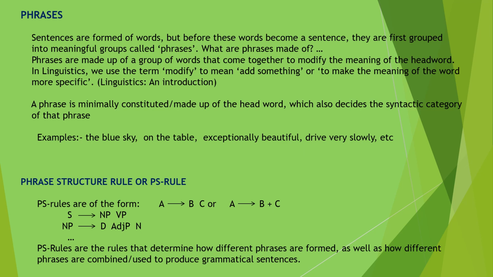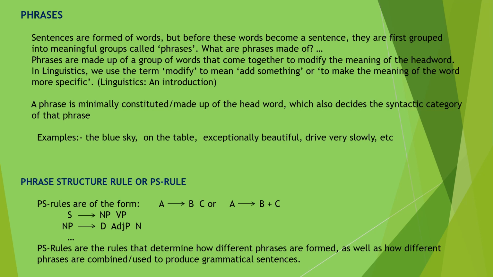So let's now see what phrase structure rule is. Phrase structure rule is basically a rewrite rule. So using the individual structure of different phrases, it lists down the whole structure of the sentence. It follows a stepwise procedure to show the bigger constituent of the sentence on the left side of the arrow, and then it shows the sub constituents or the sub units of that particular constituent in a sentence.